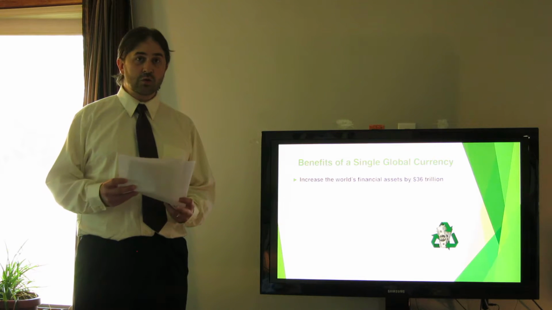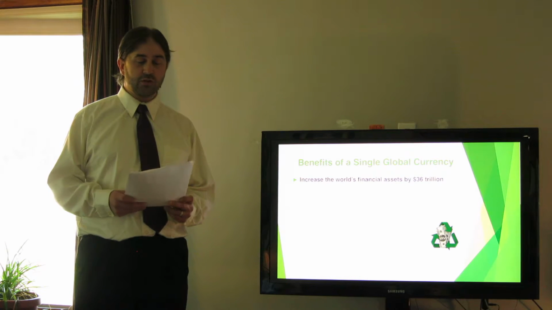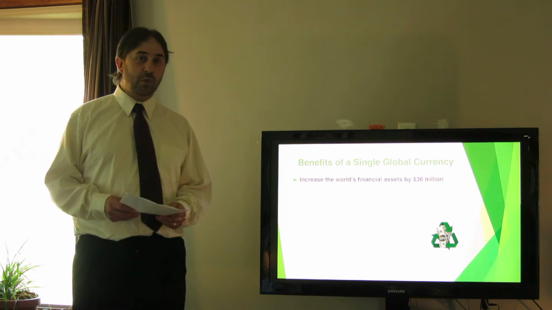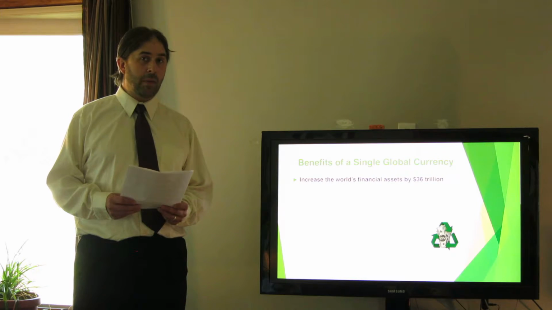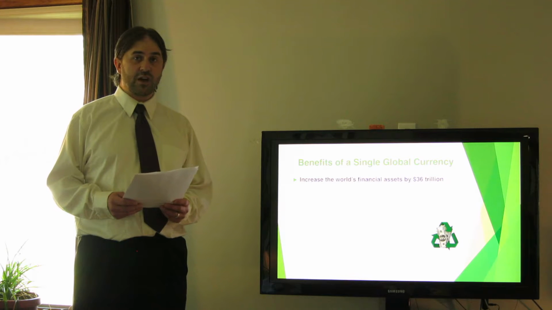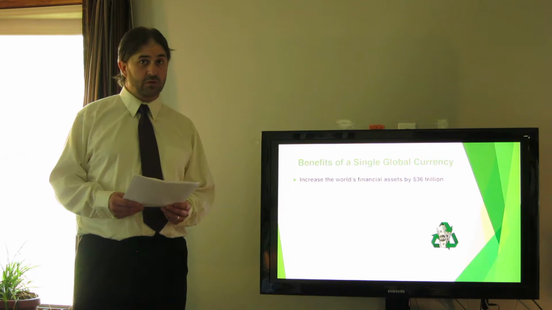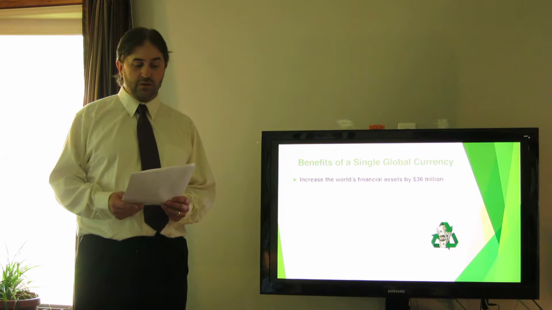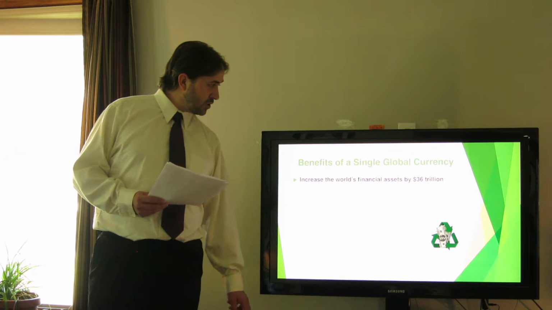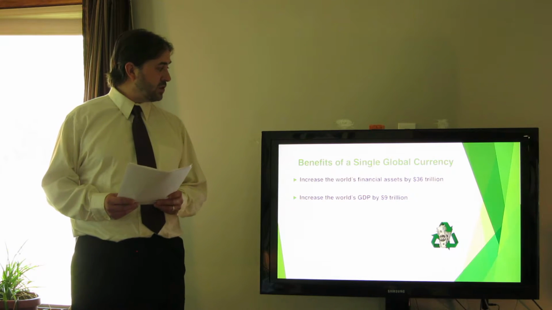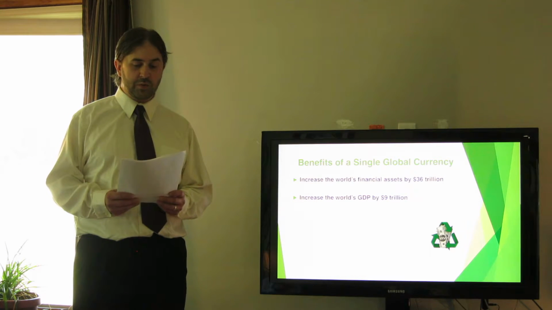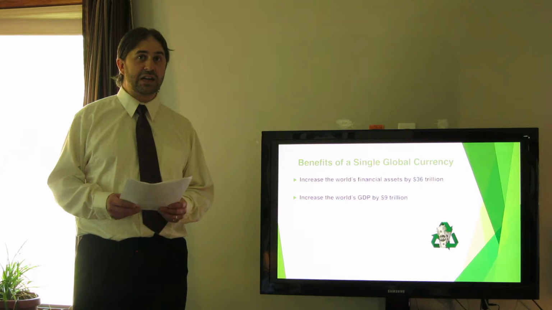Now, if we were to issue a single global currency for all to use, the average multiplier for this would be about 4. What this means is that the world's financial assets would increase to $180 trillion, which is an increase of $36 trillion. This same multiplier could also be put towards the GDP of the world, which would be an estimated increase of $9 trillion.